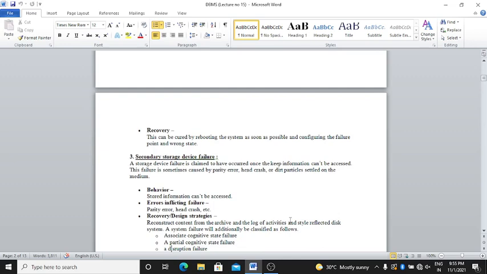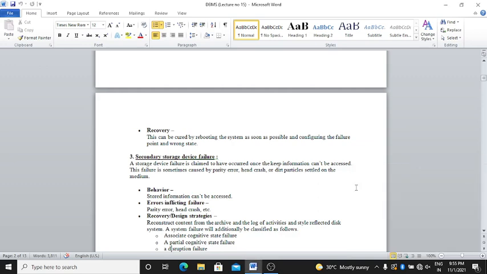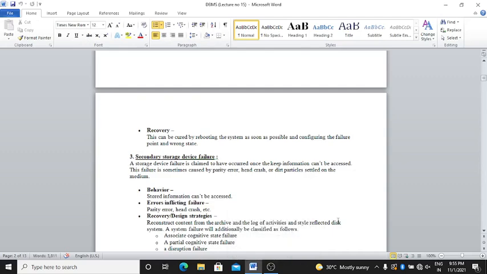A storage device failure is claimed to have occurred once the stored information can't be accessed. This failure is sometimes caused by parity error, head crash, or dirt particles settling on the medium. What happened? Secondary storage like a pen drive is there.